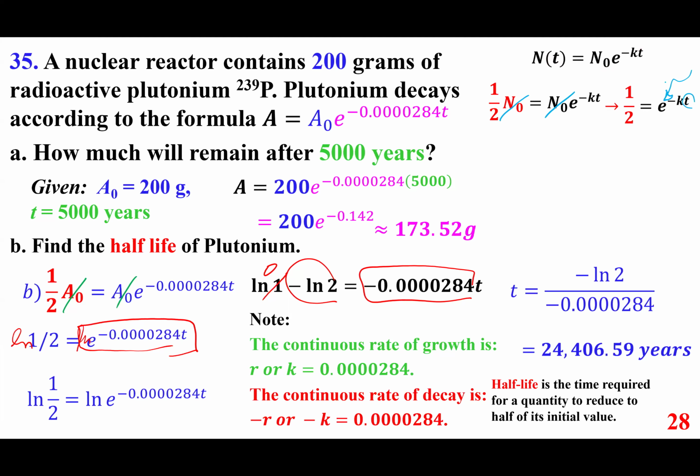That's why you take a natural log. And the left side becomes ln1 minus ln2, which is minus ln2. ln1 is 0. And so if you want to solve for either k or t: if you solve for t, it is ln2 divided by k. If you want to solve for k, k equals ln2 divided by t. So it's very straightforward.